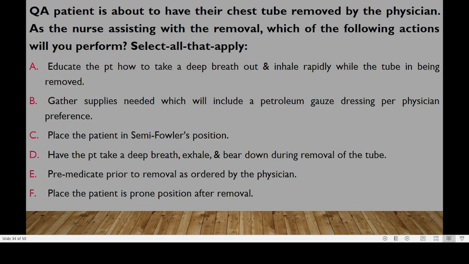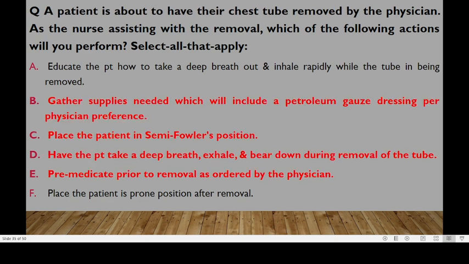Gather the supplies needed, which could include petroleum gauze, dressing per physician preference. Help place the patient in semi-Fowler's position. Have the patient take a deep breath, exhale, and bear down during the removal. Pre-medicate the patient prior to removal as ordered by the physician, and then place the patient in a prone position for removal.